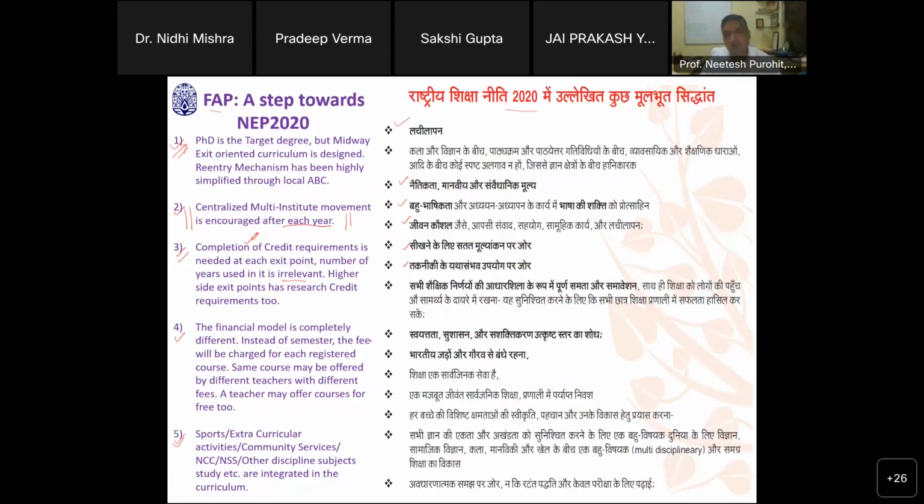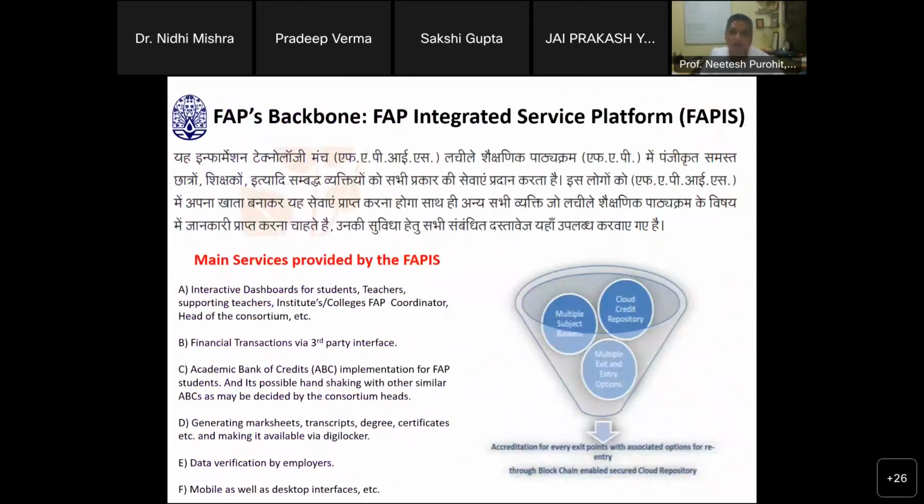So we have developed a model for how this integration should be done. Holistic education is ensured by introducing these credits in each and every semester, and this is put in as one of the requirements.